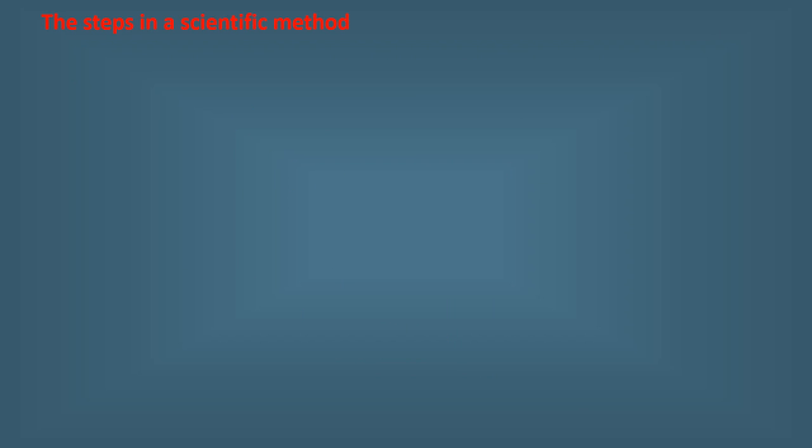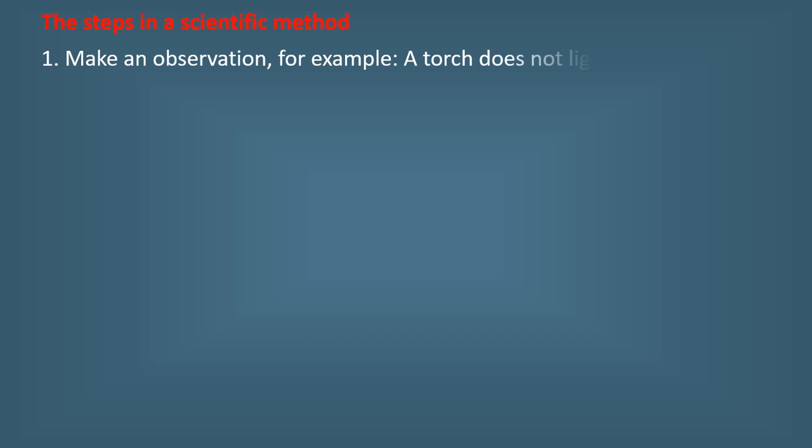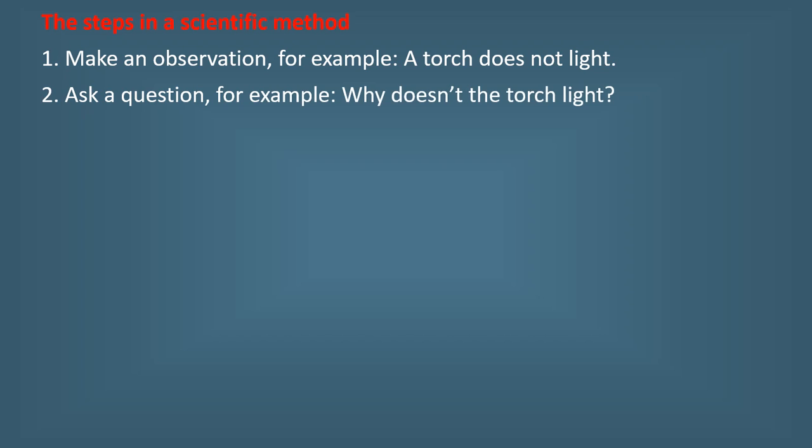So the steps in the scientific method, as I conclude: one, make an observation. For example, a torch does not light. You have a torch and it's not lighting. You will ask yourself a question: why doesn't the torch light?